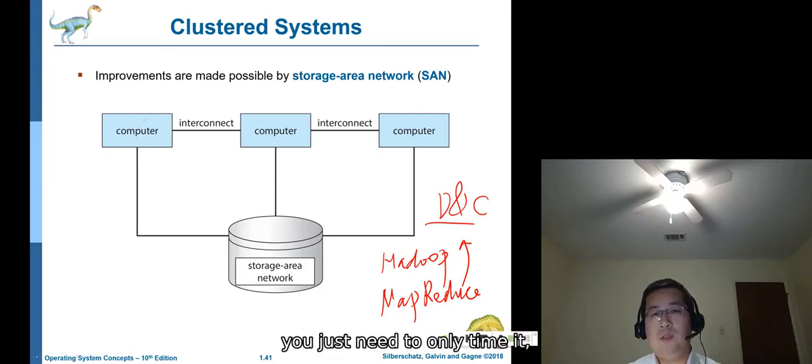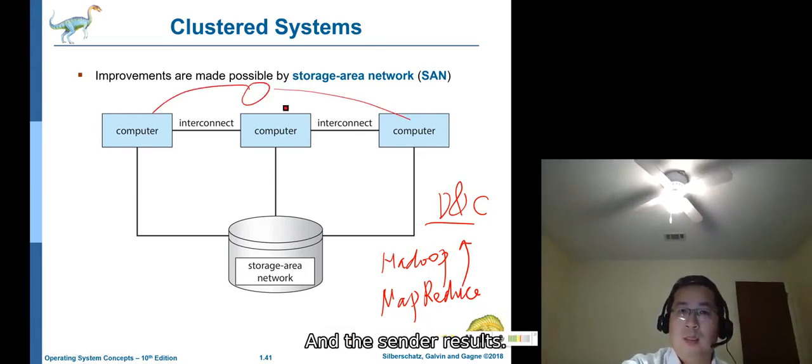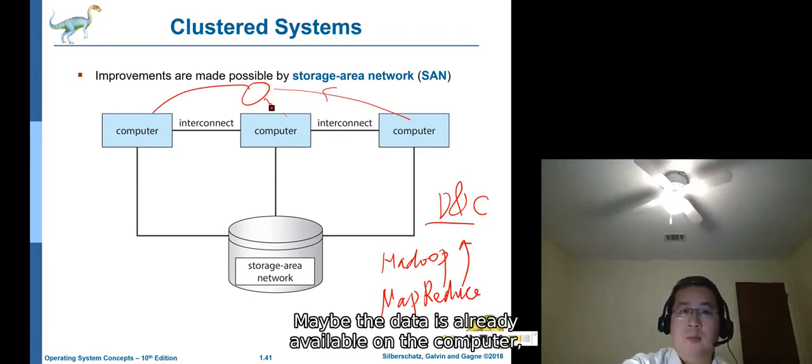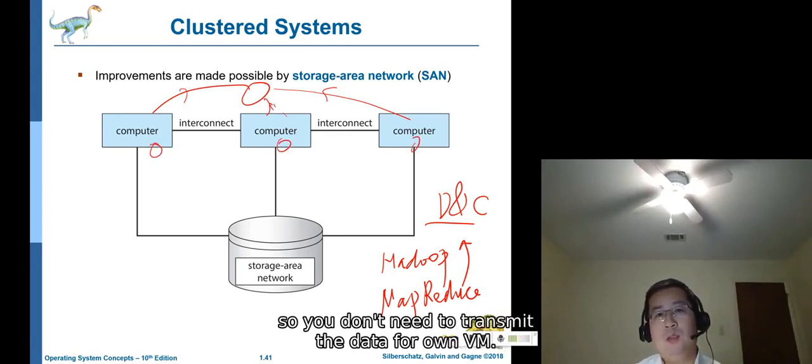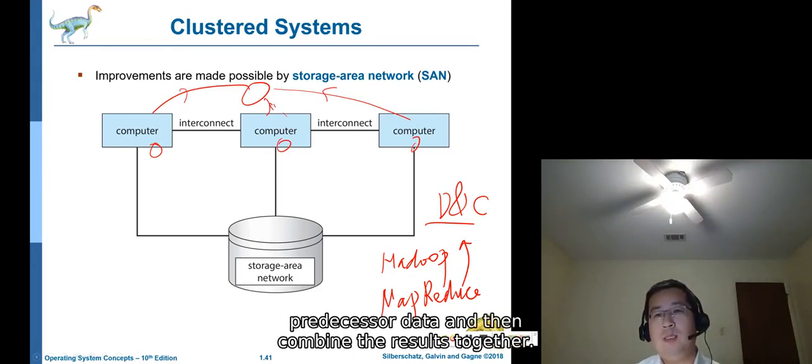After finishing, you only need to submit the results to a control, maybe a master node, and send the results. Maybe the data is already available on each computer, so you don't need to transmit the data. You just process the data locally and then combine the results together.